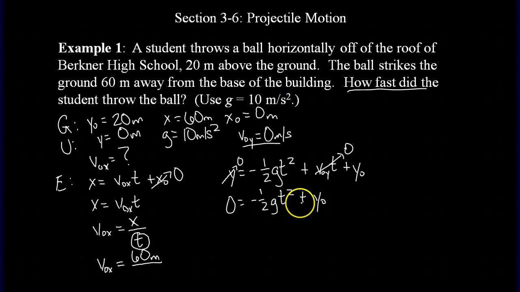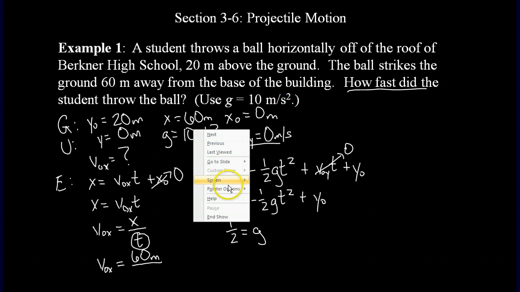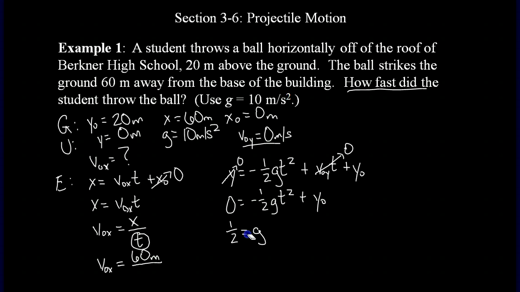So we can start simplifying this formula. What we can start saying then, let's move the 1/2 to the other side. So we can say 1/2, sorry, wrote that wrong. Wrote my equal sign too soon. Try that again. We can say 1/2 gt squared is equal to the initial vertical position. And then we can solve this for t.